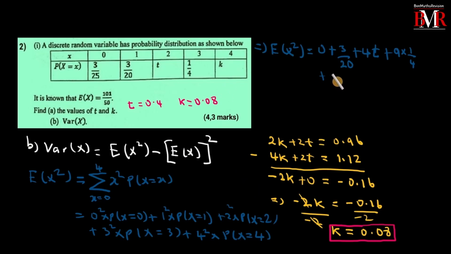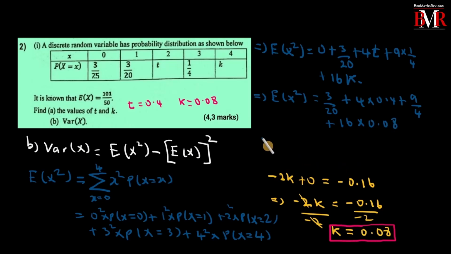That means 4 squared is 16, times k is 16k. That means E(X squared) is equal to 3 over 20 plus 4 times t. t is 0.4 from part a of the question, plus 9 times 1/4, which is 9 over 4, plus 16 times k. k is 0.08 from part a, so that is 16 times 0.08.